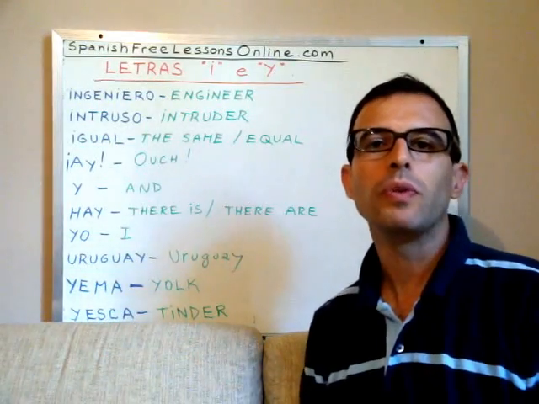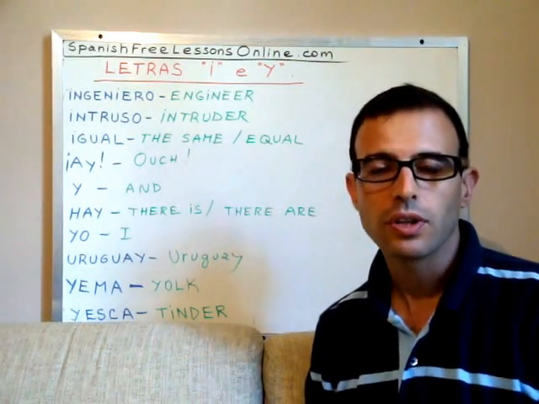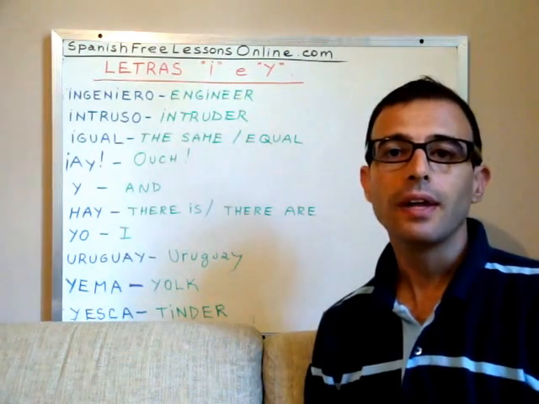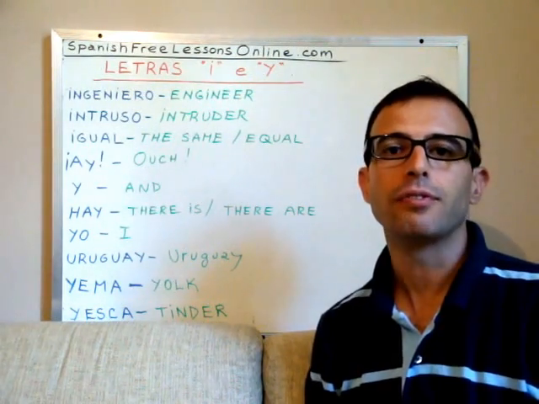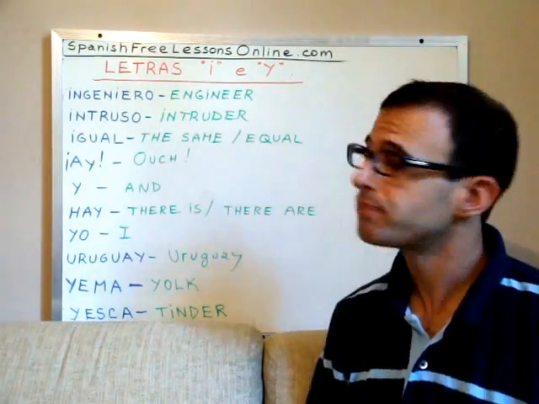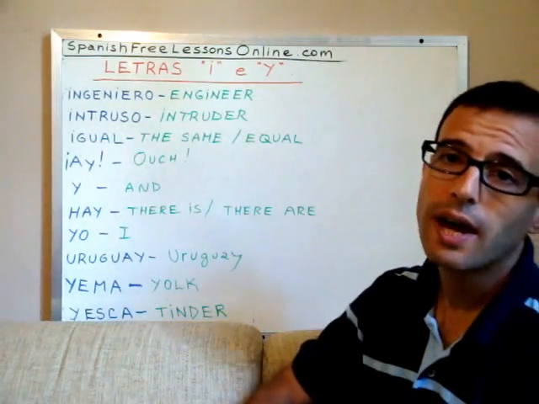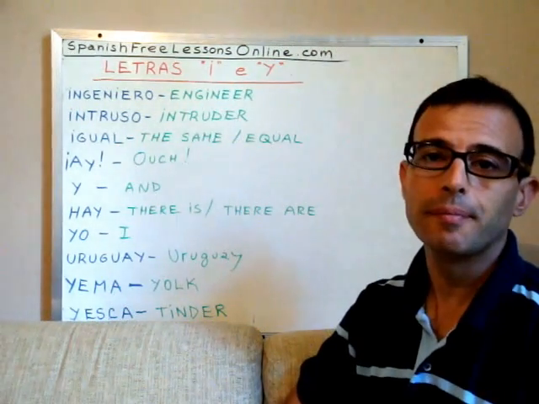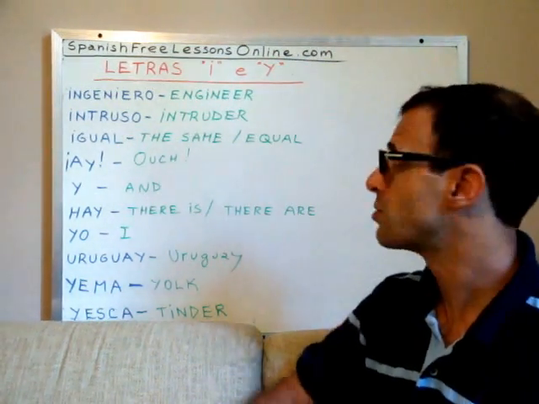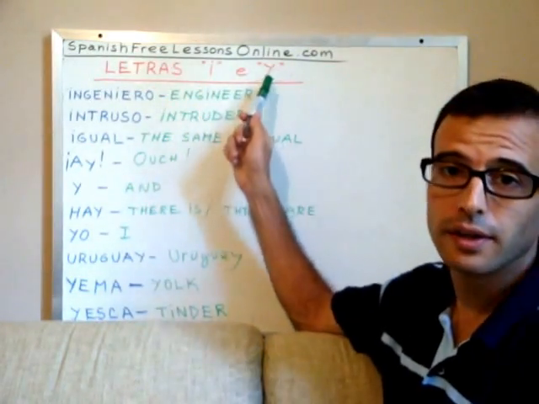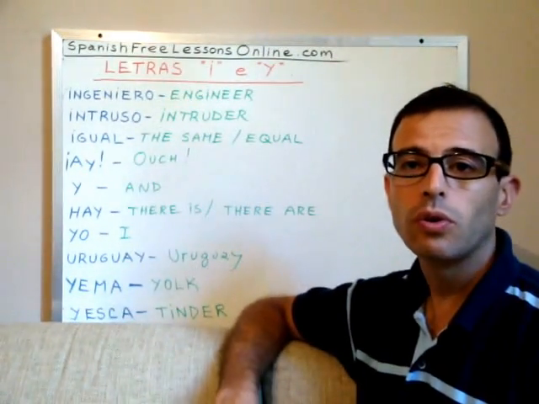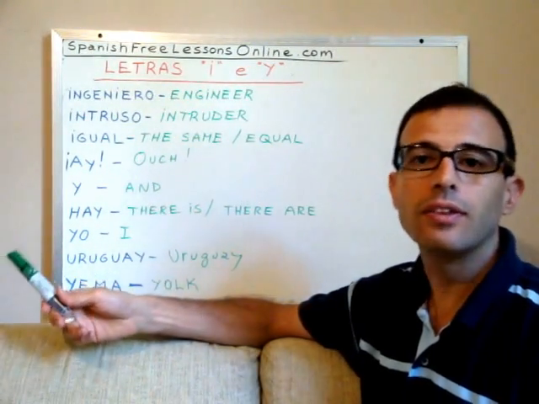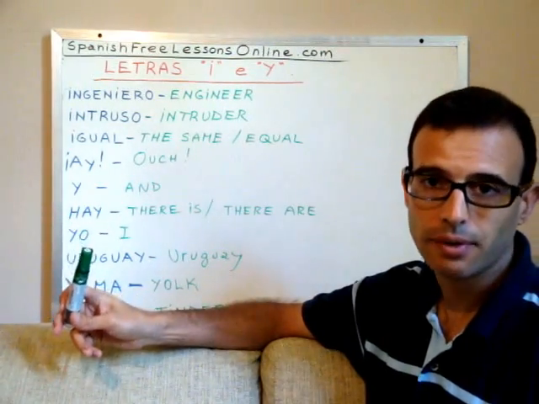Today I want to continue with some more pronunciation, showing you how some specific letters from the Spanish alphabet are pronounced. In Spanish we have these two letter I's, right? Actually the I and the Y. In Spanish one is called the Latin I and the other one is called the Greek I, right?